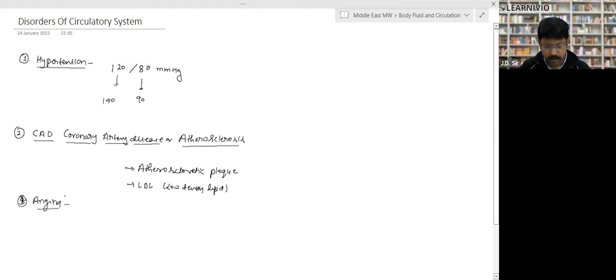Angina, also called angina pectoris. Actually, this disease is found in youngsters, from 22 or 23 years to 30 years of age.